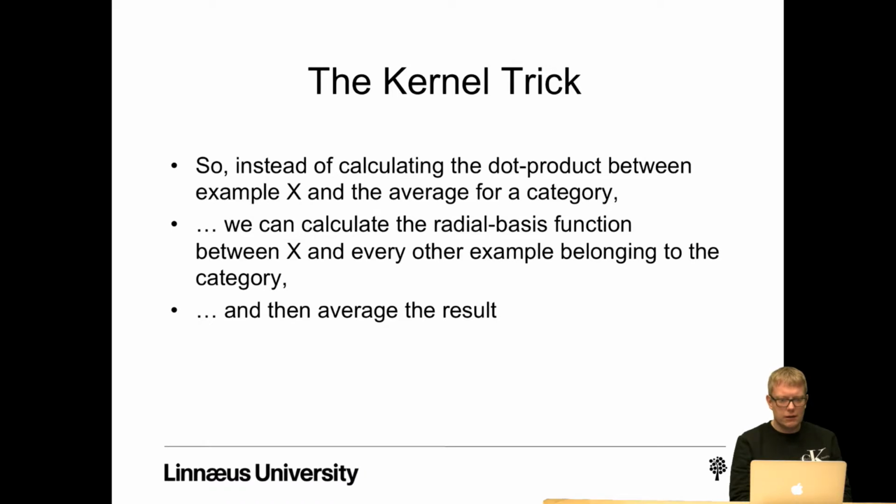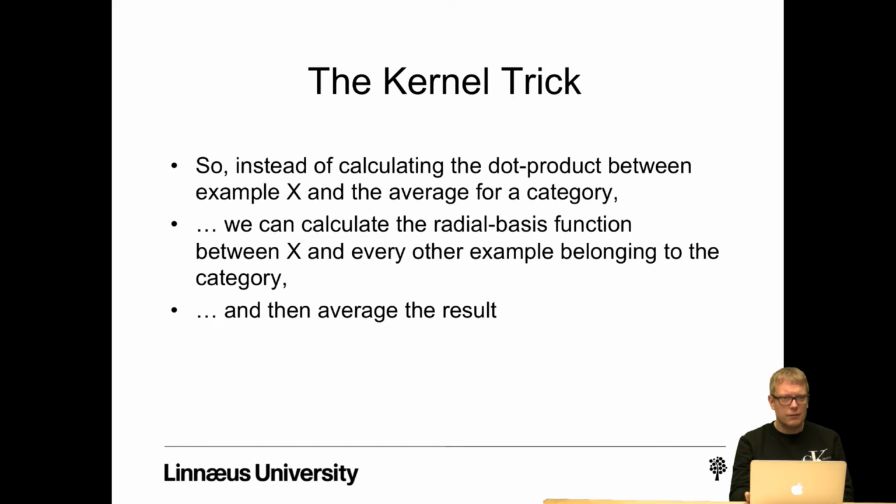So instead of calculating the dot product between example X and the average for each category, we can calculate the radial-basis function between X and every other example belonging to the category and then average the result.